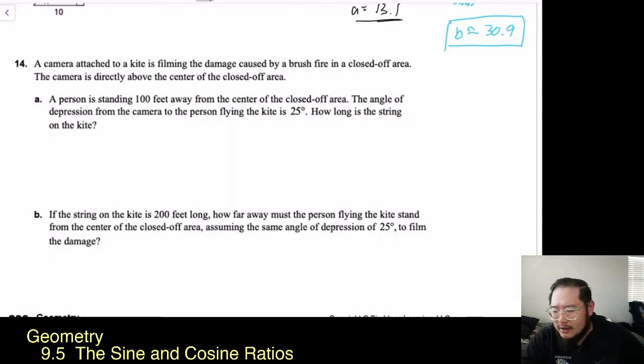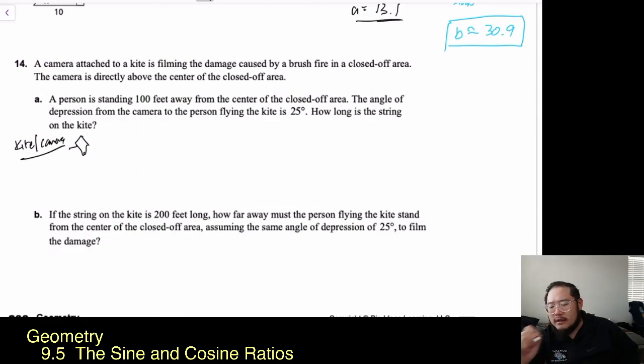If I were to draw this out, I've got a kite, right? And remember, the camera is up on the kite. The angle of depression is from the camera. Okay, so if the camera is up here, we have the kite slash camera. If the kite and camera is up there and it is going downwards, right?